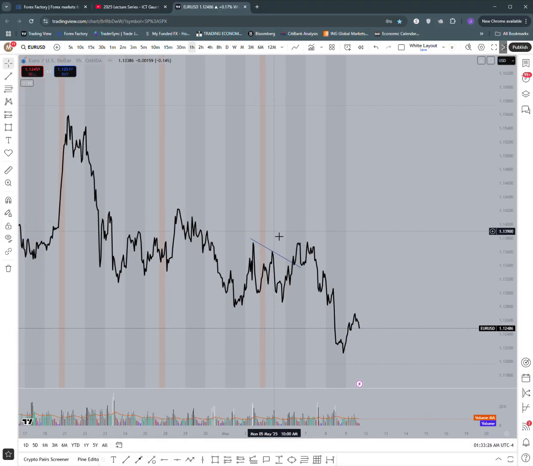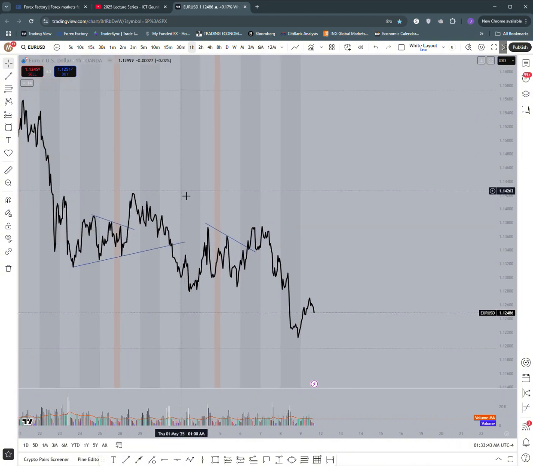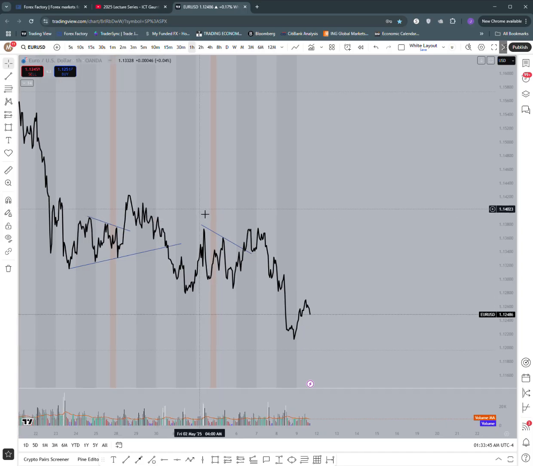Now let's look at liquidity. Purely liquidity. We have this one. We have this one. This one is one too. Look at even inducement within here. Boom, boom, boom, boom.